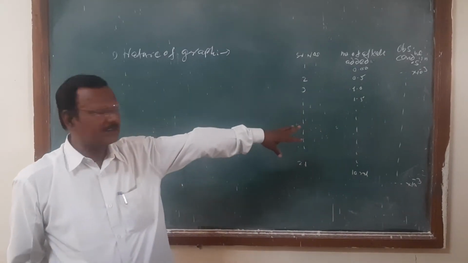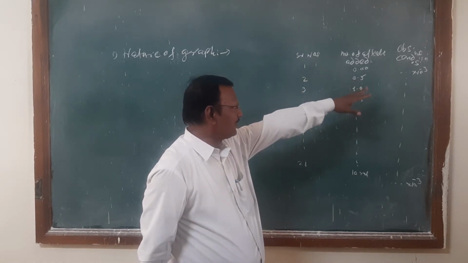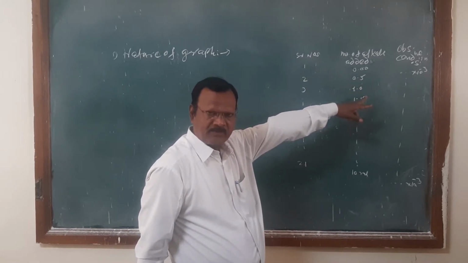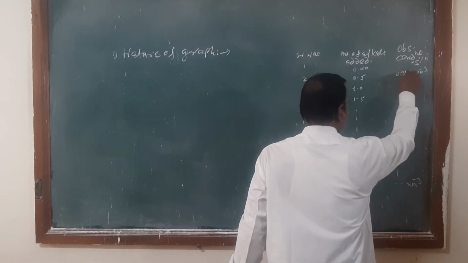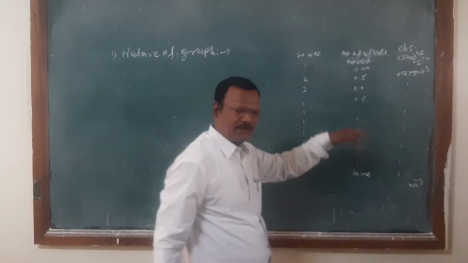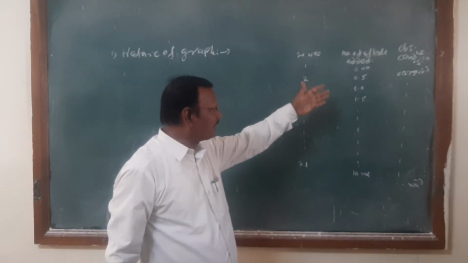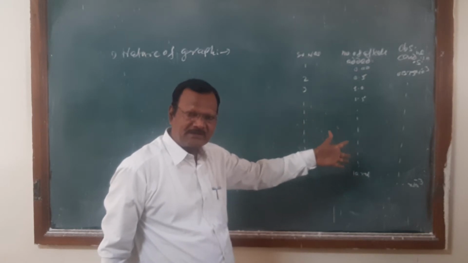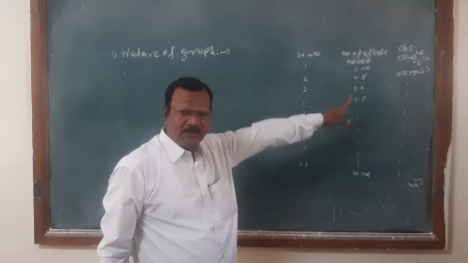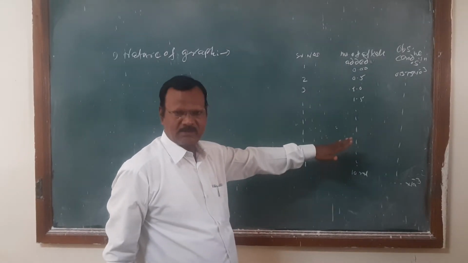For the addition of 0.00 ml, we observed the conductance 0.375 into 10 raised to minus 3. With addition of alkali, the readings first decrease, and then finally increase. By the way, we have to plot the nature of graph.